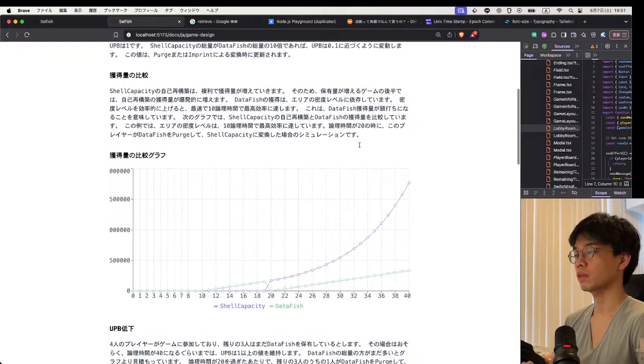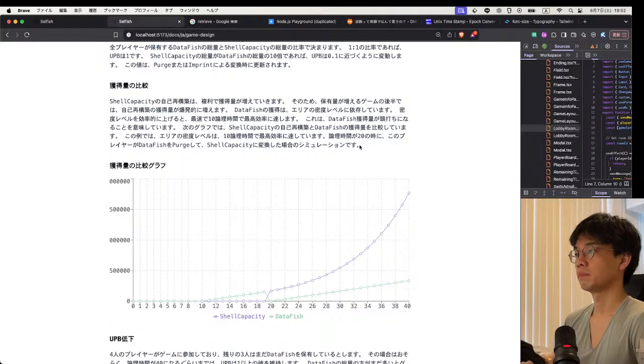There are areas, and areas have a density level that indicates the efficiency to acquire data fish.